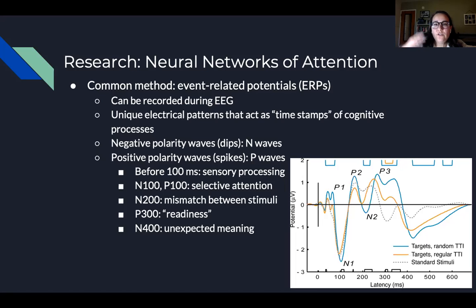As you are measuring these more global brain waves throughout the brain, you're also getting these little segments that are essentially time markers or time stamps of unique electrical activity that signify when a sensory, motor, or cognitive event is taking place.